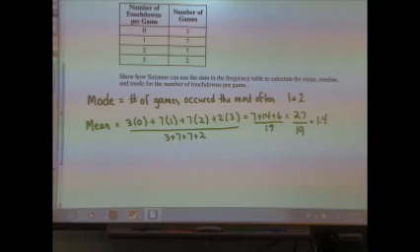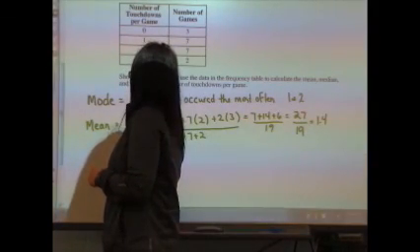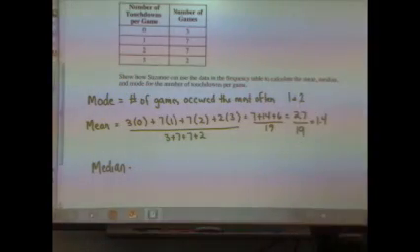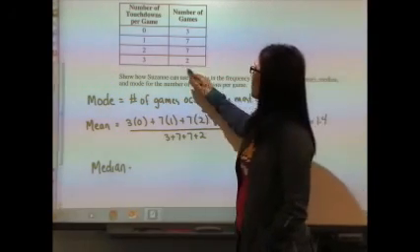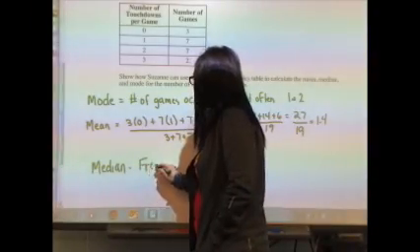The median is probably the harder one to do from the frequency table. The median is the middle, so I have to find out where the center lies. So I start off with the frequency itself. The frequency is 19.